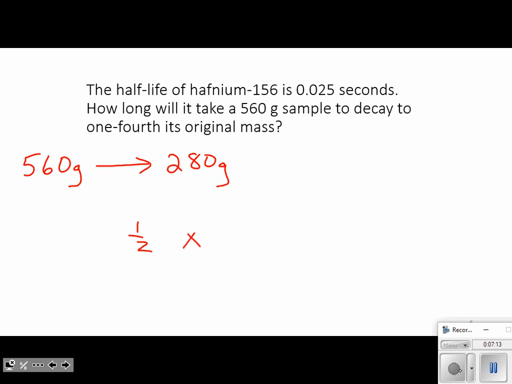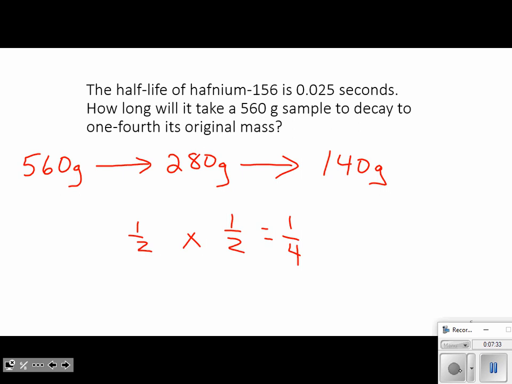The second half-life, half-life and a half-life, is going to give me my 1/4. Okay? So 1/4 of the original mass is going to be what? 140 grams is going to be 1/4 of that 560.